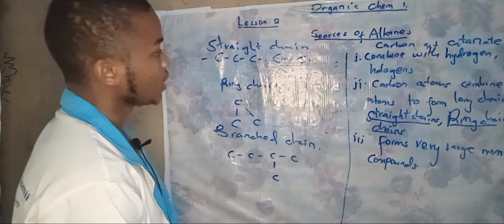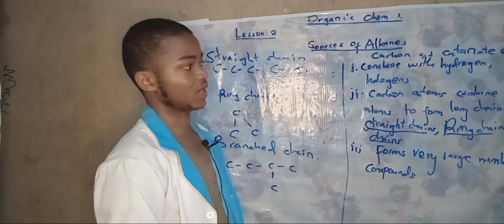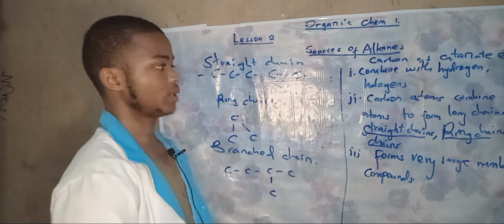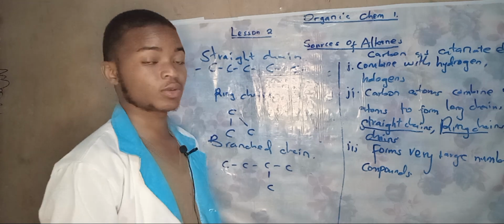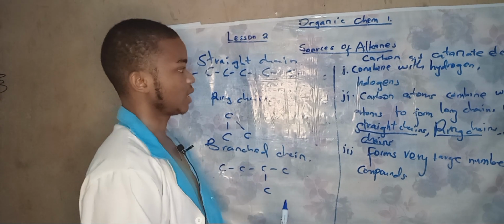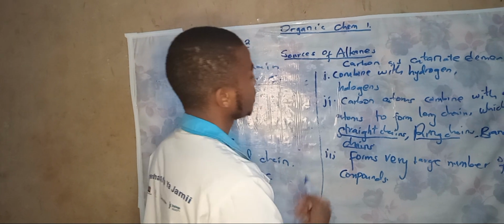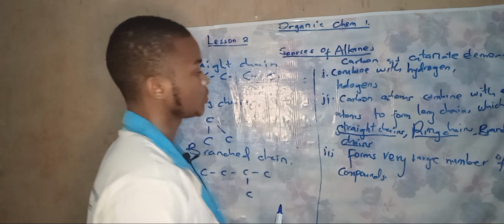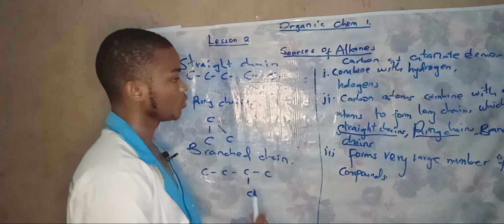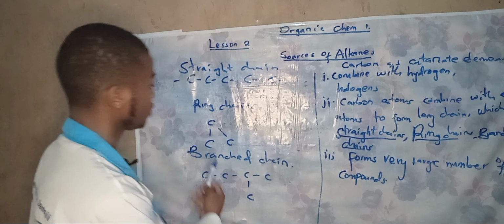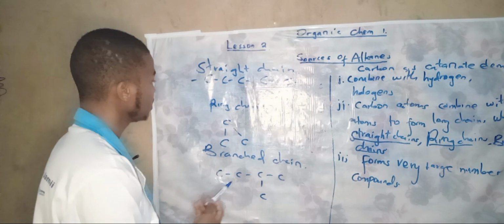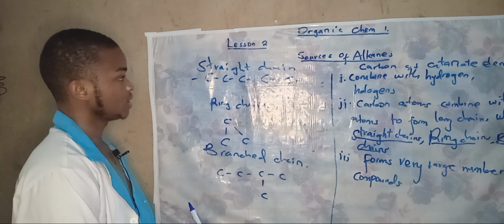So those are the reasons as to why we call carbon a catenate element. Number 1, it combines with hydrogen, halogen. Number 2, carbon atoms combine with others to form long chains, which are straight, and we have shown an example of straight chain, ring chain, and branched chains.